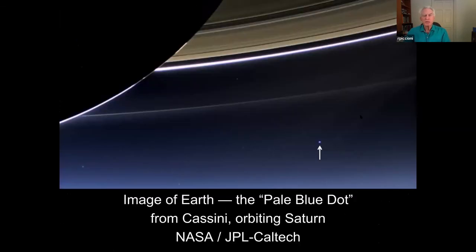So this beautiful image was taken by the Cassini space probe on the backside in the shadow of Saturn. The spacecraft turned the camera toward the inner solar system and took this picture, famously called the pale blue dot. And that dot at the tip of the arrow is Earth.